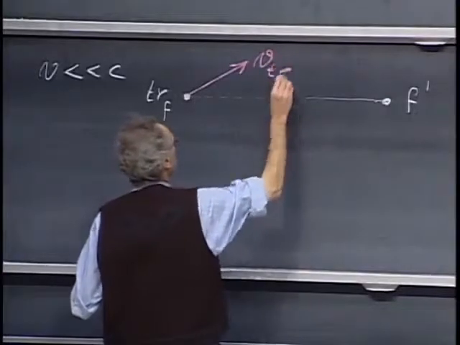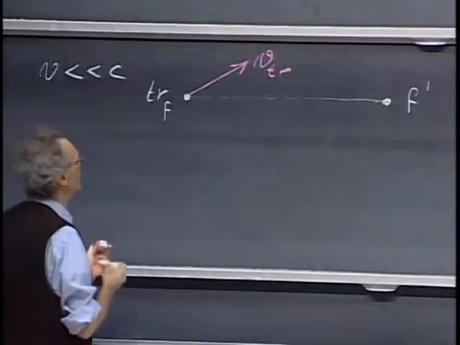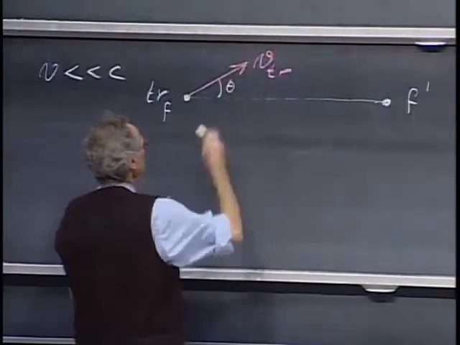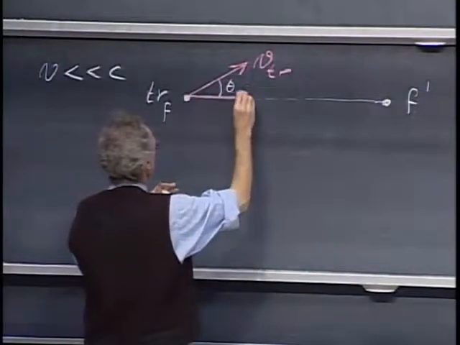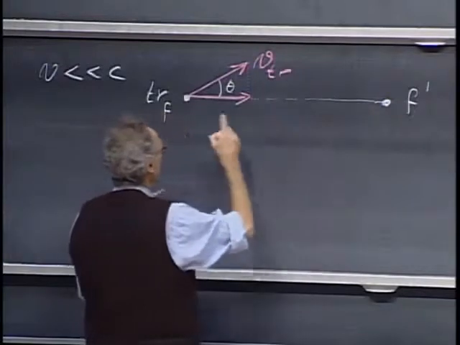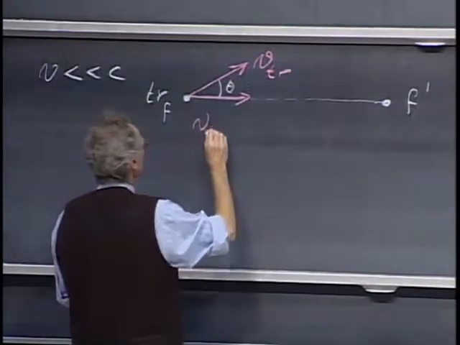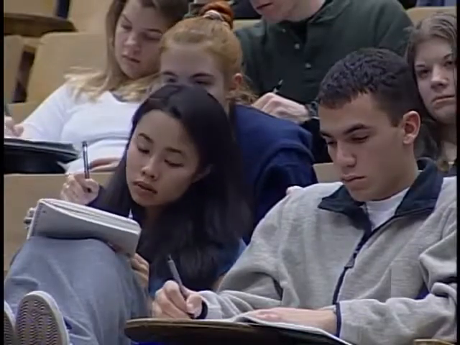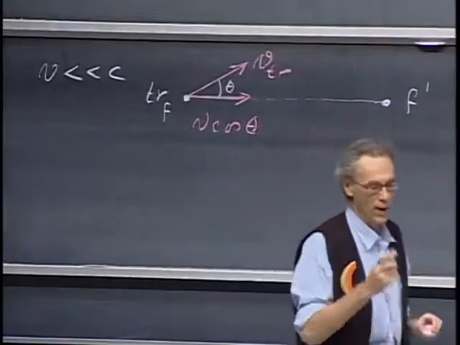I could put transmitter here, but we can drop that index, and let this angle be theta. Then this is the component in u direction. We call that the radial component, which is v cosine theta. This is just the velocity of the source relative to u at that angle.